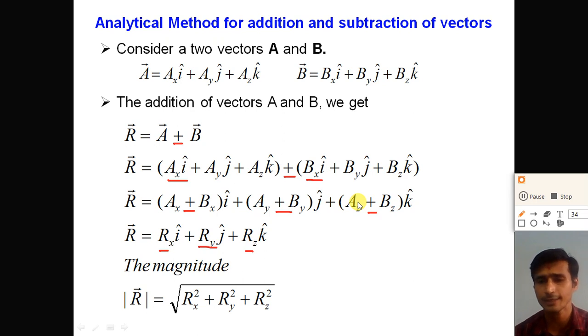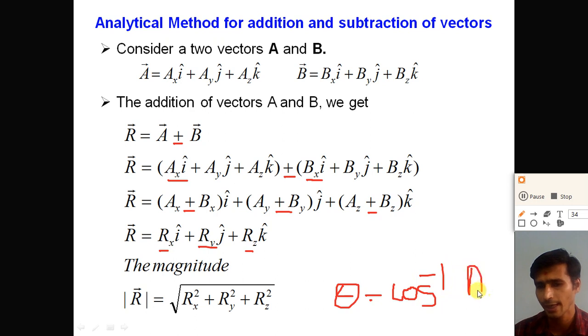How can we find the magnitude of the resultant vector? The magnitude of the resultant vector r is equal to the square root of rx square plus ry square plus rz square. And how can we find the angle of the resultant vector? Theta is equal to cos inverse. If you want to find the angle with the x-axis, we take cos inverse of the x component divided by the magnitude of the vector, right?